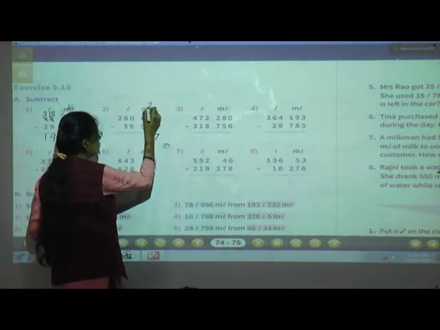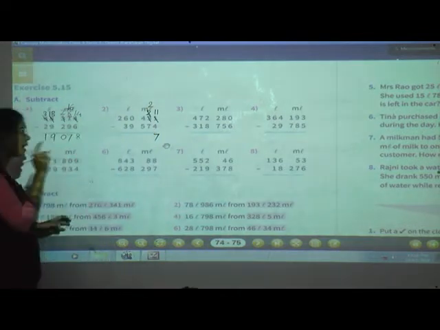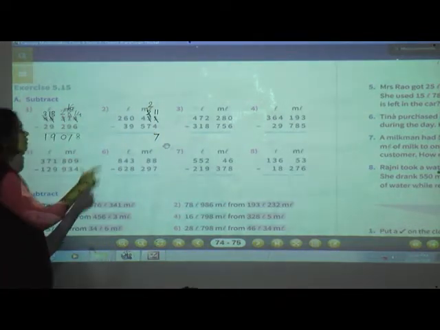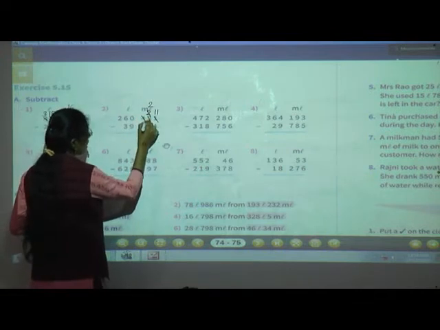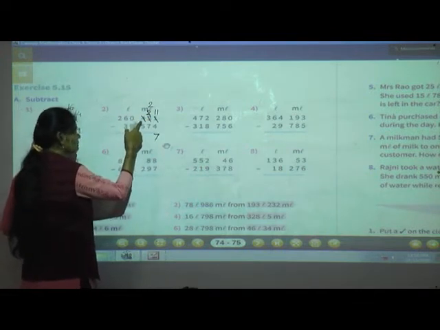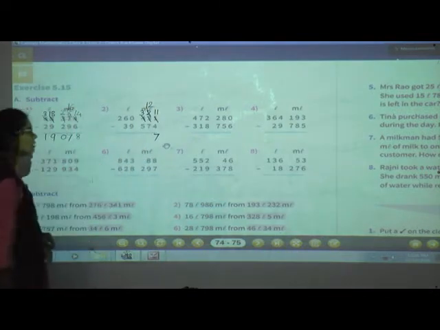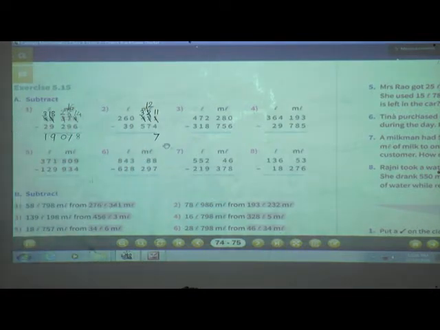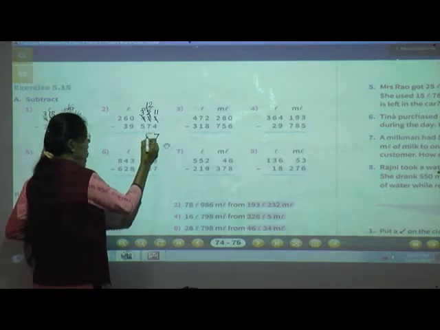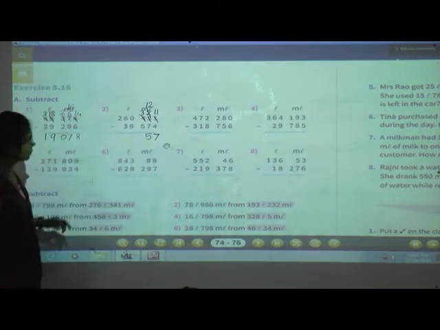We'll cut this 2 and upstairs we'll write 2 as it is. Then we'll move to the neighbor. Here 4 is there. We'll take 1 borrow from this 4. Then 4 minus 1, 3 will remain and this 2 will become 12. Now from 12 we have to subtract 7. After 7, count your fingers till 12. 12 minus 7, 5. So we'll write here 5.